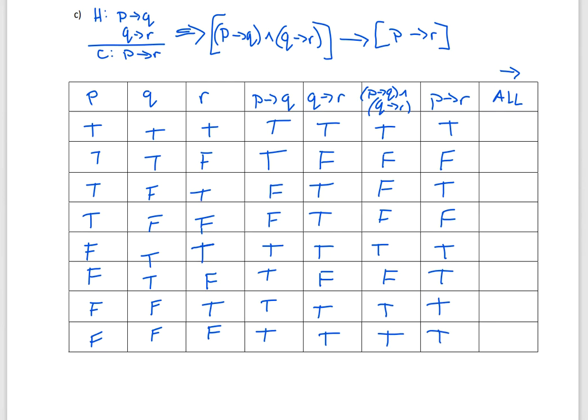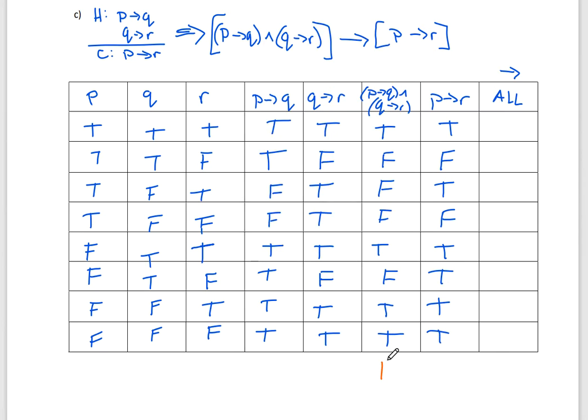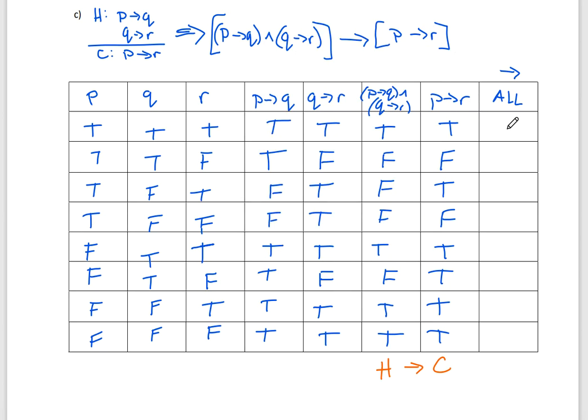And then all. So again, here's my hypothesis, here's my conclusion, and I'm connecting with a conditional. So if these conditions are met, then the conclusion will happen. So true implies true, gives me a true.